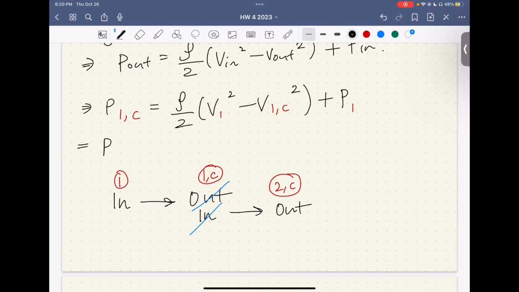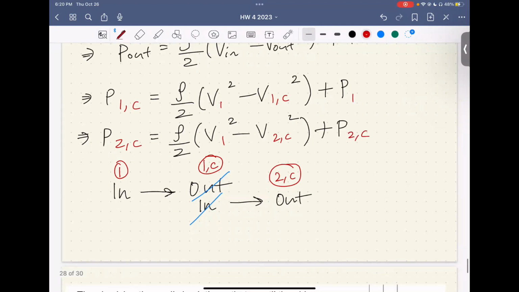P2C is equal to rho over 2 V, and instead of using 1C, we're going to keep using 1, same thing as we did earlier, minus V, and the outlet is 2C squared, right? So don't forget the squareds, plus P2C.